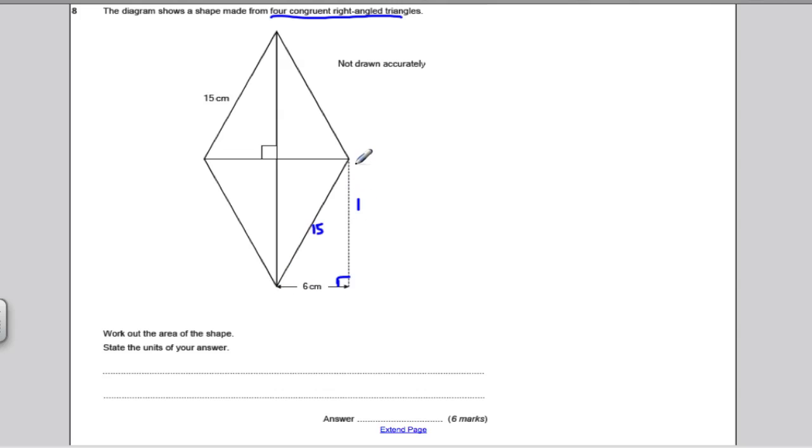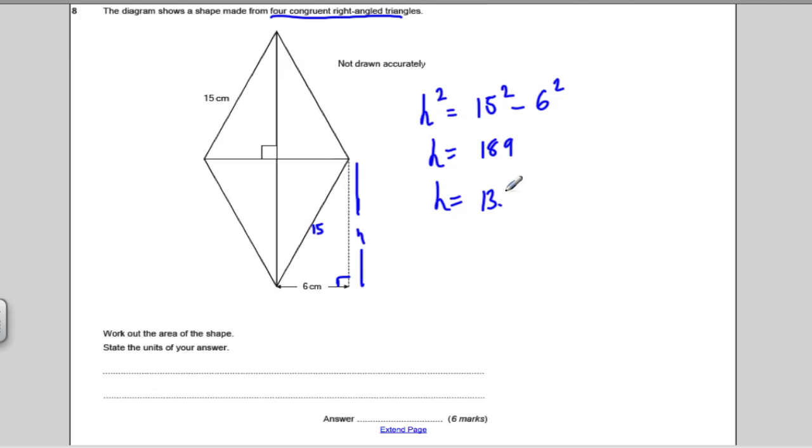If we want to work out the height of this, we could do that using Pythagoras and say that this height squared must be the hypotenuse squared subtract the base squared, so the height squared must be 189, so the height must be the square root of that, which is about 13.74. So what is the area of one triangle?